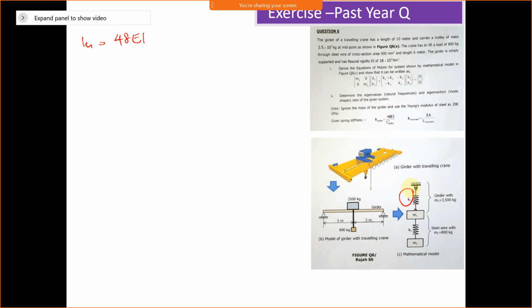So 48 EI over L, 12.3. So 48 times with EI adalah 18 times 10 power 9, over 10 kuasa 3 lah, sebab length of wire adalah 10. So 10 to the 3.